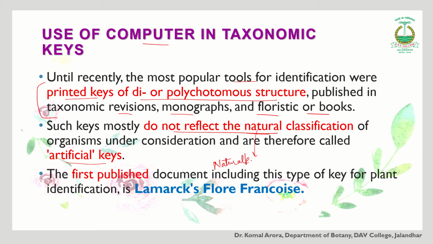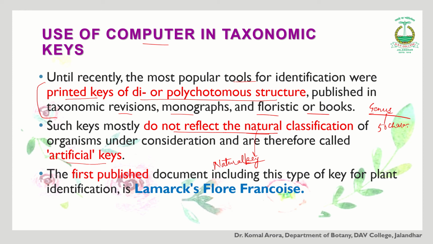Okay, why? Because we all know that constructing a key is a difficult task, and the more characters considered, the more complex it will become. So you cannot have the data of all characters known. For example, let's suppose you are preparing a key for different species of a genus and you have enlisted a total of 50 characters.